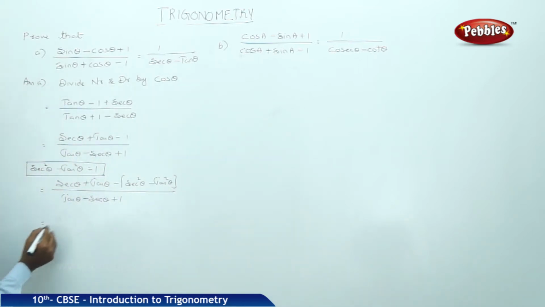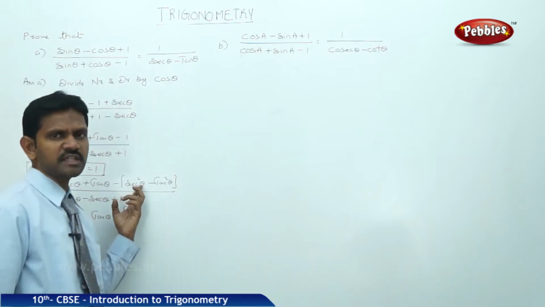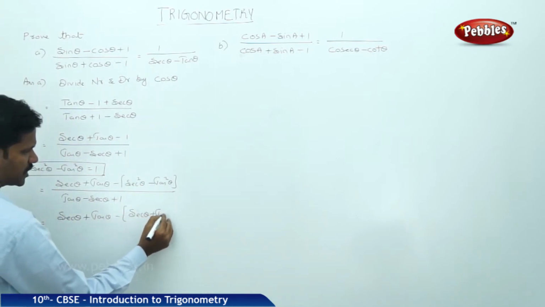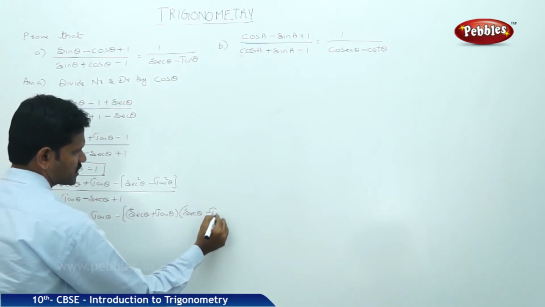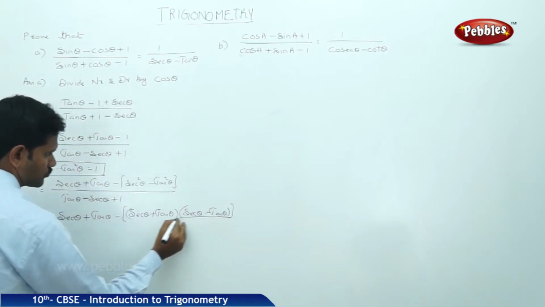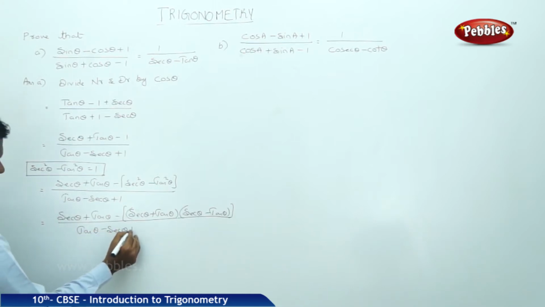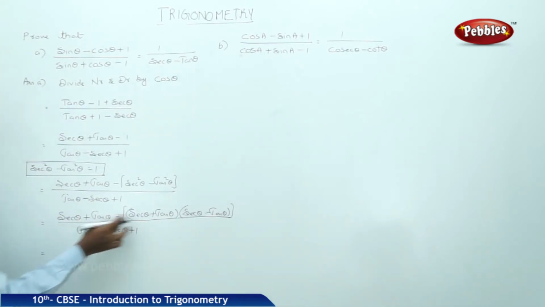That is equal to secant theta plus tan theta minus, it is of the form a square minus b square. Therefore I will write this as a plus b into a minus b, whole by tan theta minus secant theta plus 1. Now from both the cases I will take the common secant theta plus tan theta.